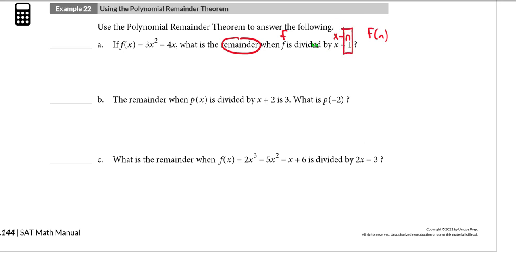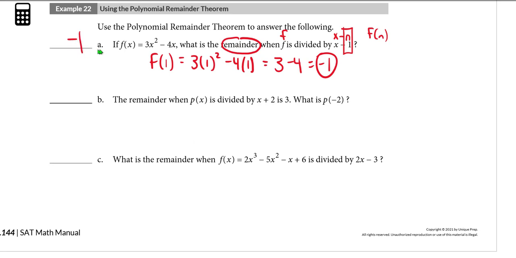So we're just going to find f of 1. We get 3 times 1 squared, which is just 3, minus 4, which equals negative 1. That negative 1 is the remainder when f is divided by x minus 1.